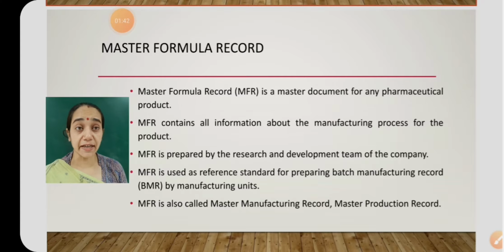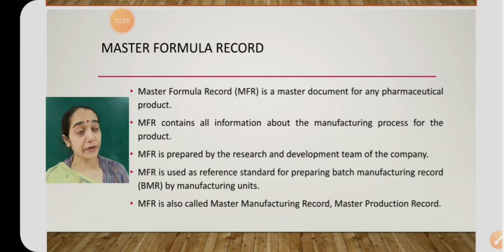So basically it is a master document for any pharmaceutical product, and it contains all the processes for all the manufacturing steps. All the manufacturing processes are incorporated in this document, and it is prepared by the research and development team of the company.